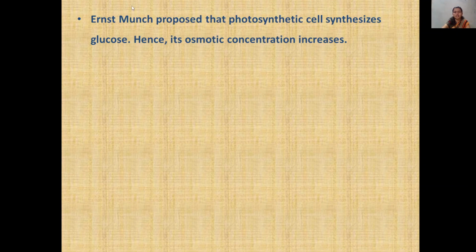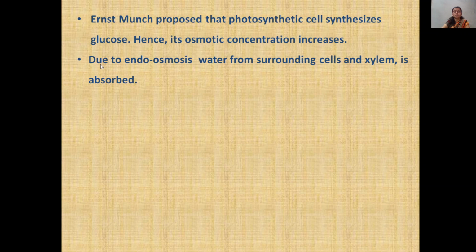Go to the next slide. Ernst Munch proposed that the photosynthetic cell synthesizes glucose. Hence, its osmotic concentration increases. Due to endosmosis, water from surrounding cells and xylem is absorbed.